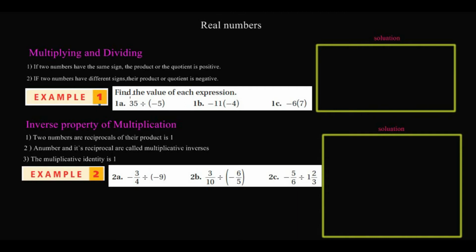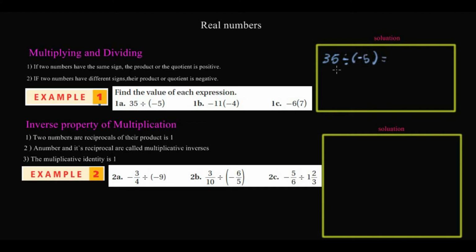In the first case, we have to find the value of each expression. The first one is 35 divided by negative 5. Applying our rules, 35 is a positive number and the second one is a negative number, so the answer is going to be negative, because the two numbers have different signs.